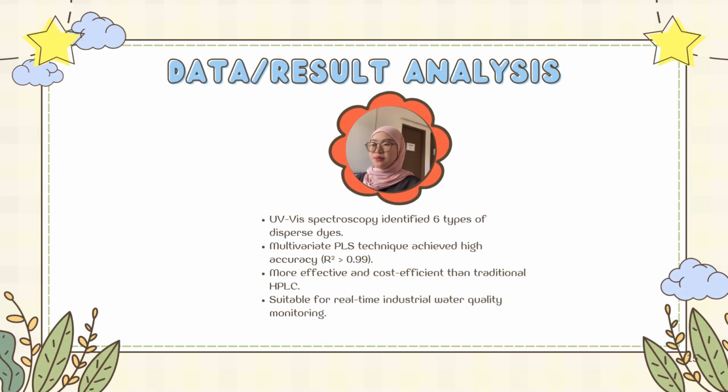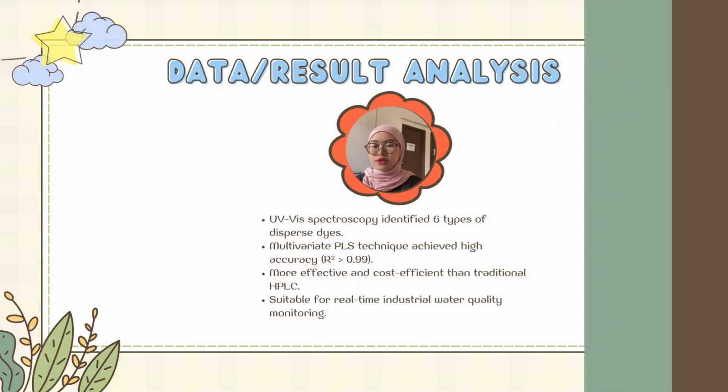UV-VIS spectroscopy identifies the types of dispersed dyes. The multi-beam PLS technique achieves high accuracy, R² more than 0.99, and is more effective and cost-efficient than traditional HPLC, suitable for real-time industrial water quality monitoring.